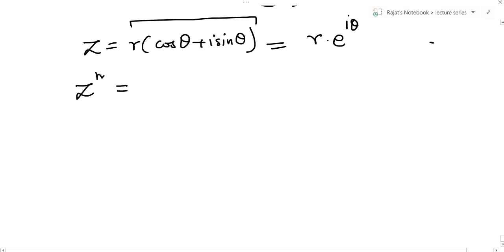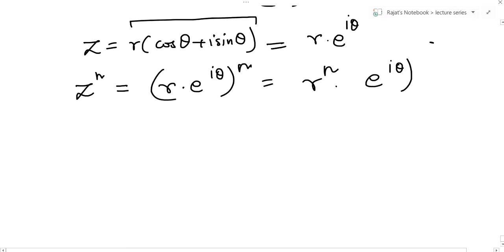Now z to the power n will be nothing but r e to the power i theta whole to the power n. So this will be r to the power n, correct? And e to the power i theta, to the power n. So e to the power a to the power b is nothing but e to the power ab. So this will be e to the power i theta n.